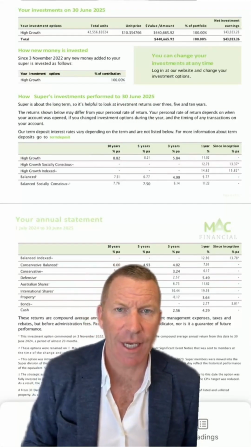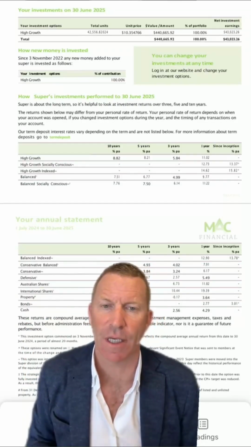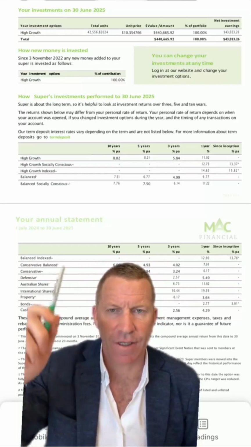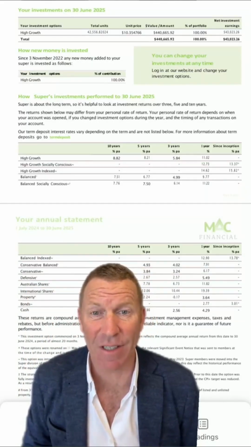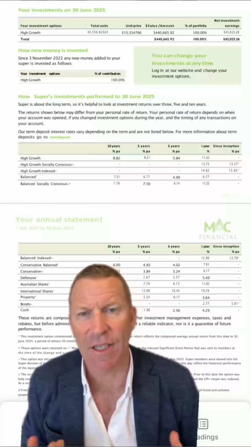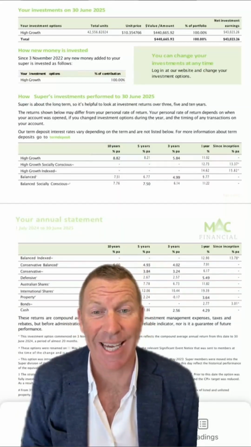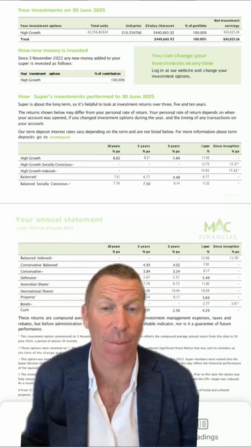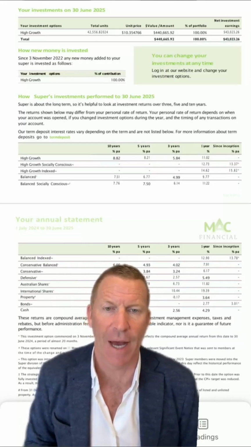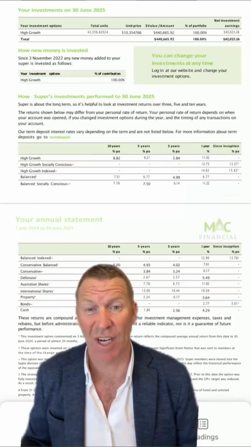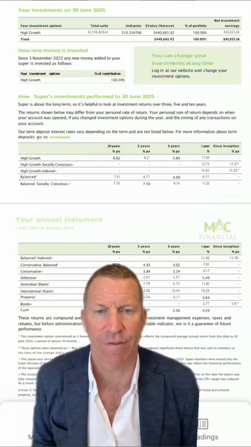The next section here is a bunch of investment options that are available in this particular superannuation fund. You can see there's a couple of different high growth options, balanced options, conservative options, defensive, and this one has some single sector options such as international shares, Australian shares, property and bonds. Pretty vanilla looking offering from a standard super fund, or an industry fund. It gives you information on all of those different choices.